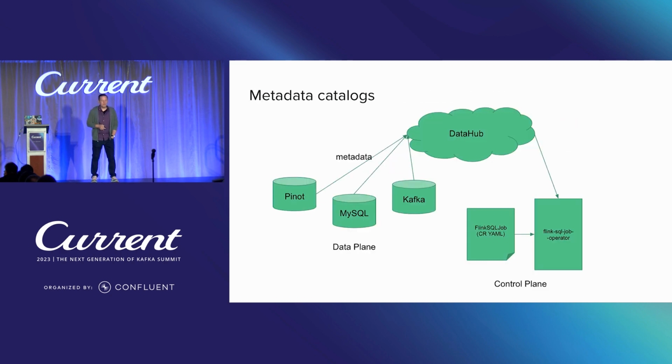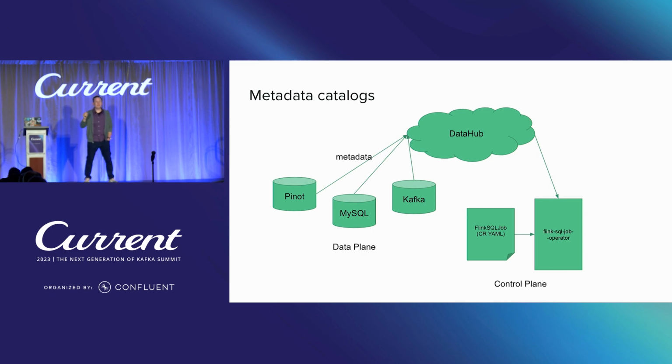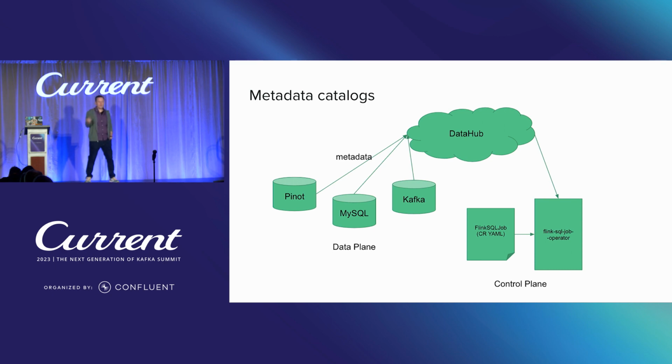So one way to go about doing this is to use a centralized metadata store or catalog, something like DataHub. And the idea here is instead of making Pinot, MySQL, and Kafka all spit out DDL, or having our operator talk directly to Kafka, talk directly to MySQL, and that sort of thing, we can have this intermediate catalog, something like DataHub, that's a universal storage for schemas and things like that.